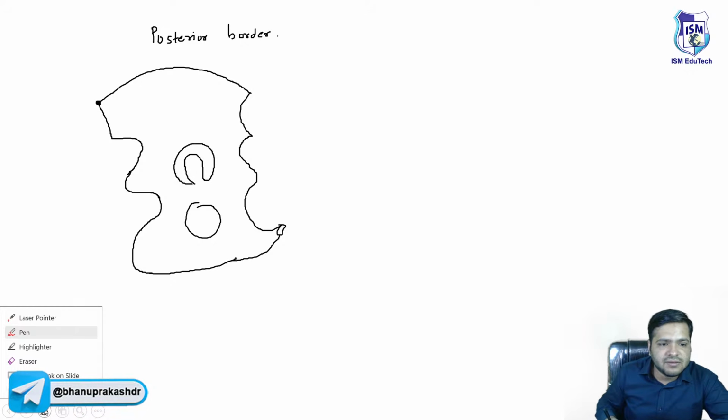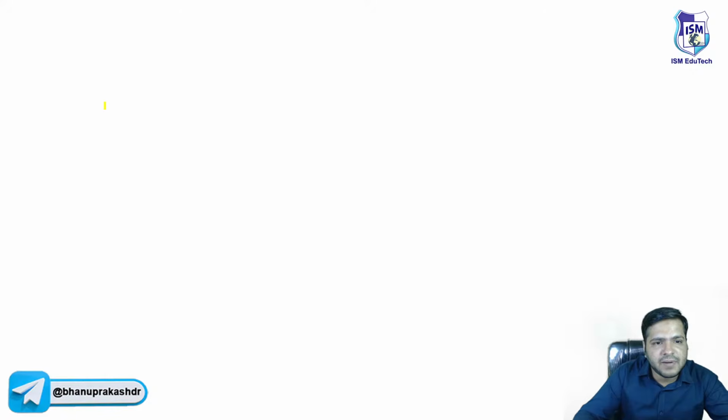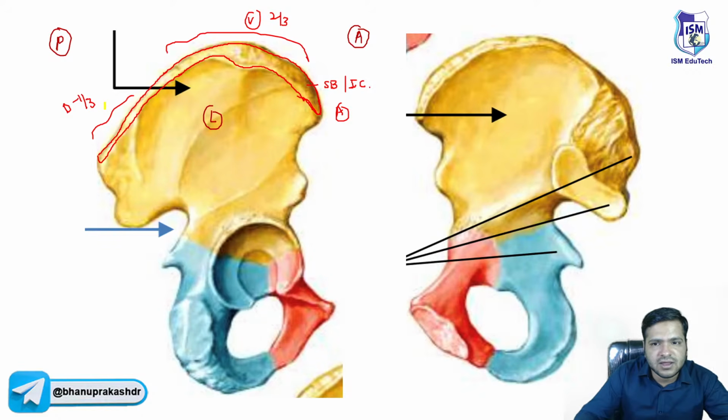This is the posterior superior iliac spine. If you want, I will show it in the picture as well. Where the iliac crest is ending, it is the posterior superior iliac spine.